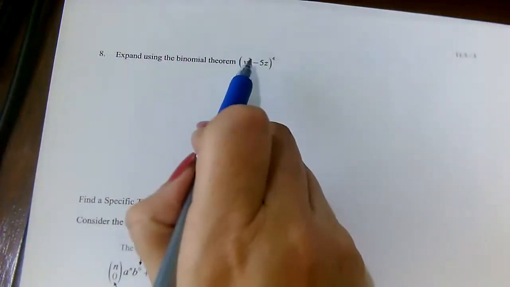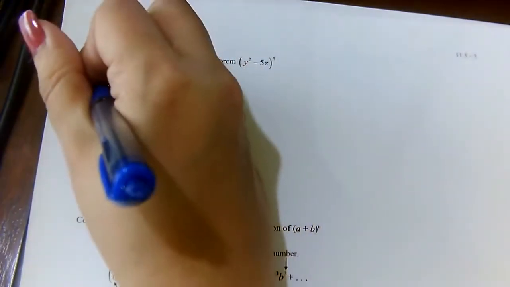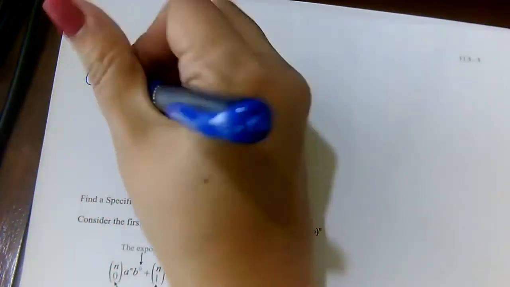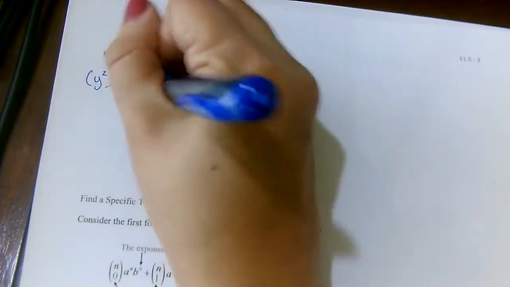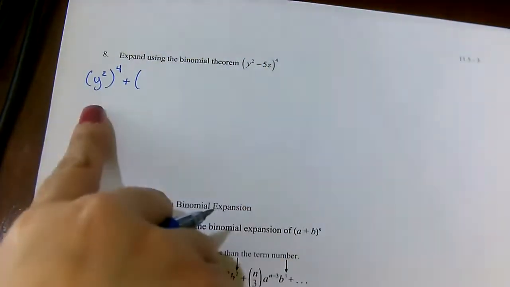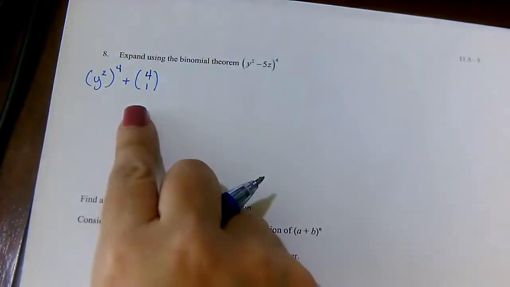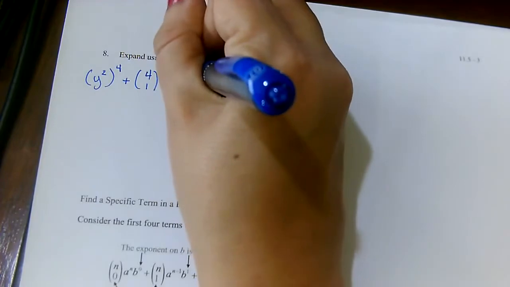Okay, so the first thing I'm going to do is use the first entire term, and in this case it's going to be y squared, and I'm going to raise it to the 4th power. Okay, plus 4, this is a 0 term, so 4 choose 1, that's going to be our first part, y squared to the 3rd.